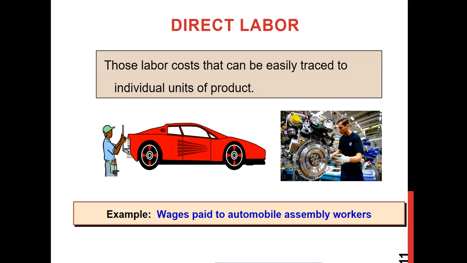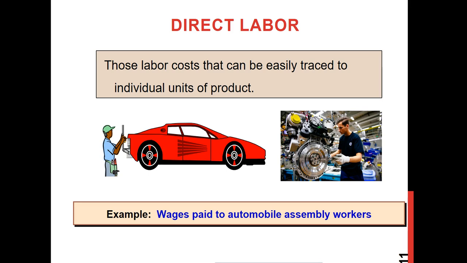Now you will see, especially for a manufacturing company, of course, you need to hire a huge number of workers, but now we have several automated systems because of the advancement of technology. So this labor cost may shrink, but you need to incur other costs. But definitely for a manufacturing company, you cannot avoid this direct labor cost.